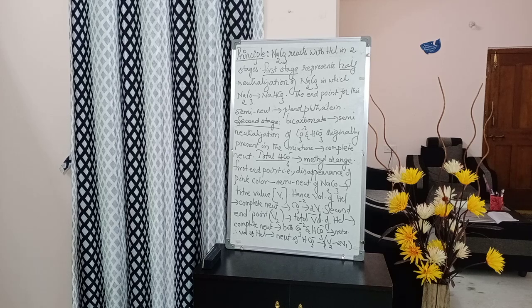Full stop. The end point for this semi-neutralization. In that sentence we have written half neutralization. Here we are writing semi-neutralization. Both are the same, students. Half neutralization can also be called semi-neutralization.